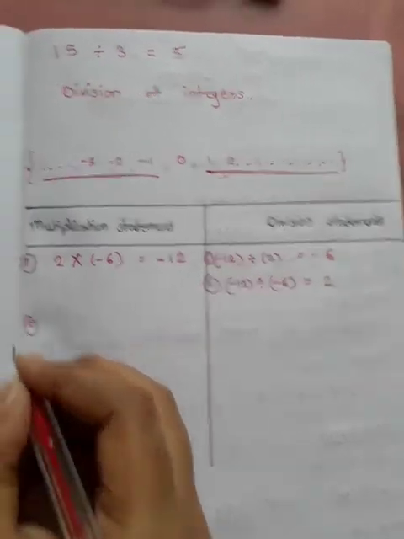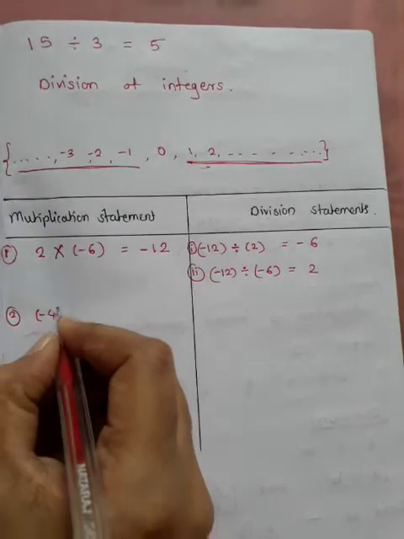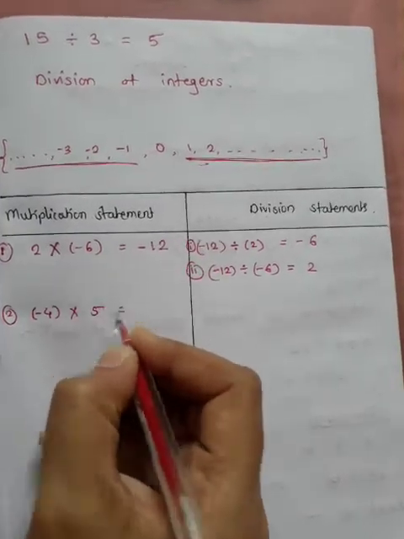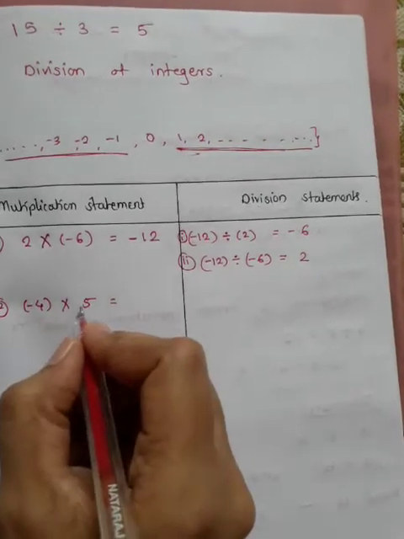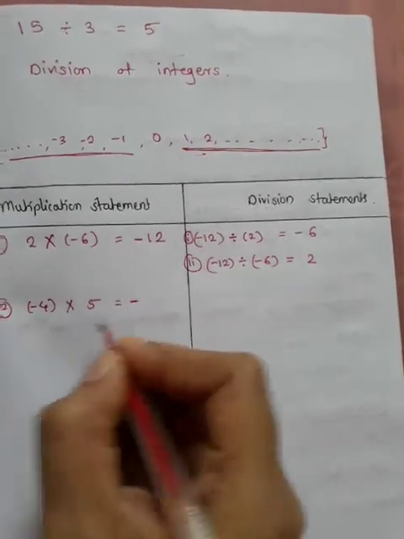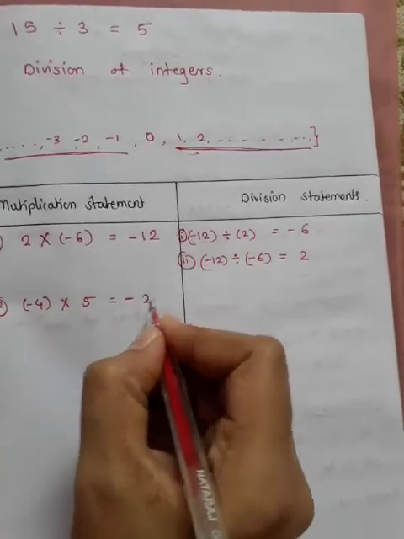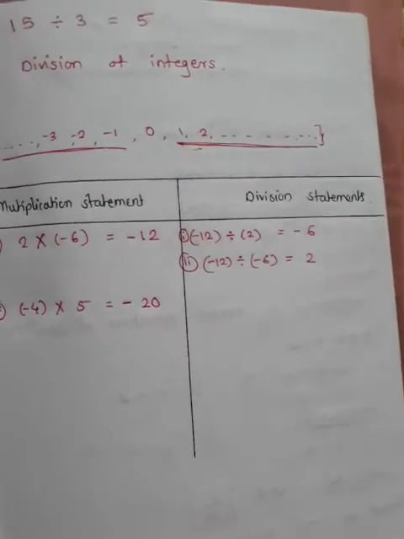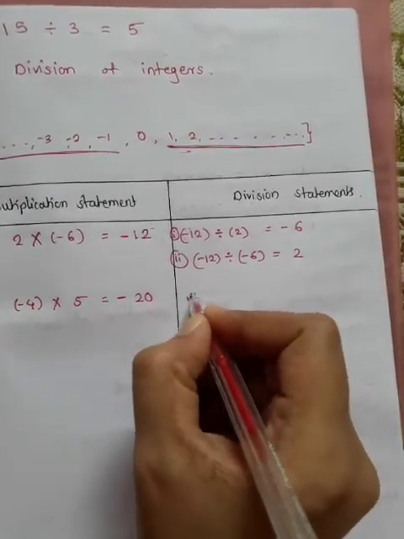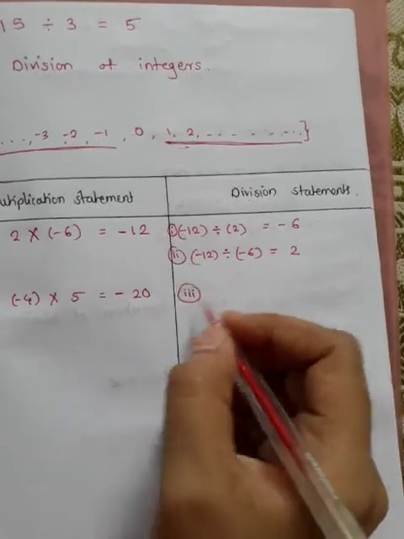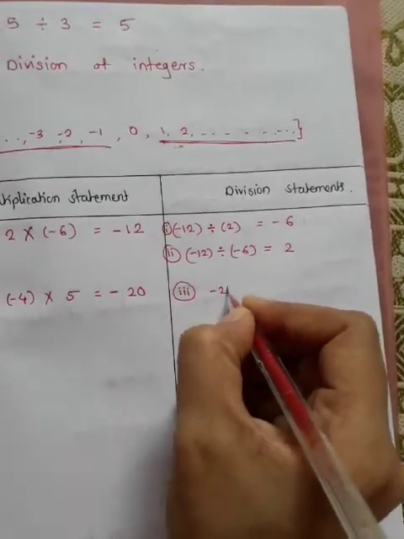Let's take the second statement as minus 4 into 5. What is minus 4 into 5? When a negative integer is multiplied by a positive, we get a negative, and we multiply them as whole numbers, that is 4 into 5 is 20, so we get minus 20.